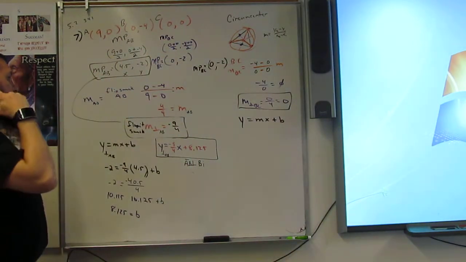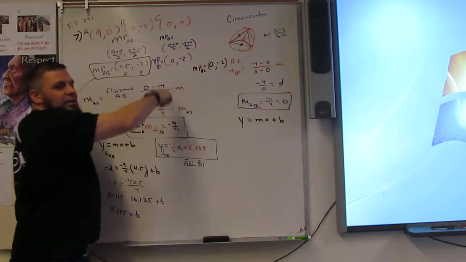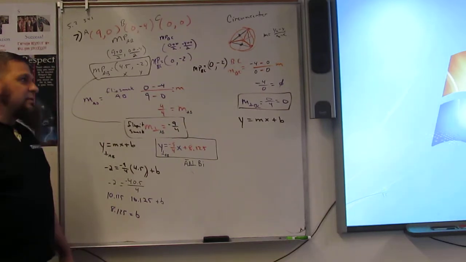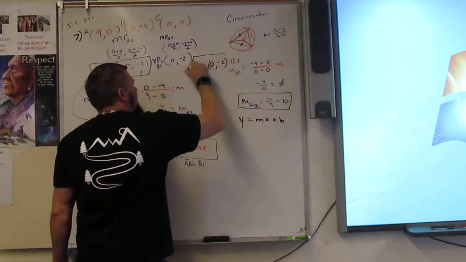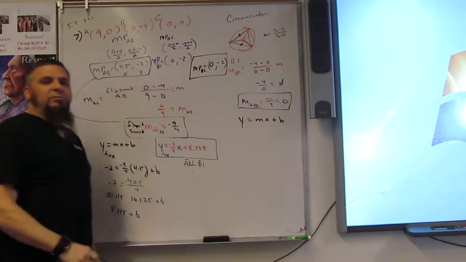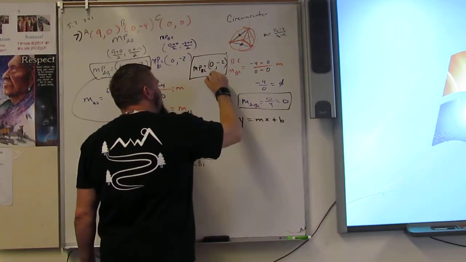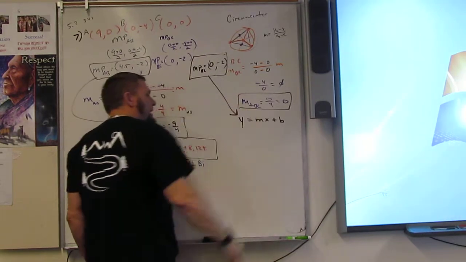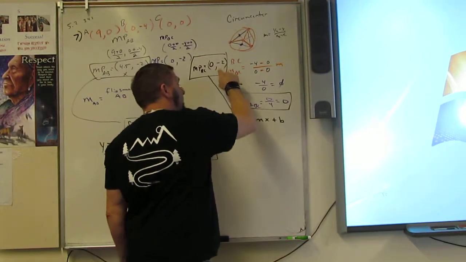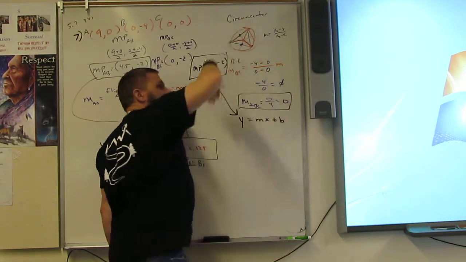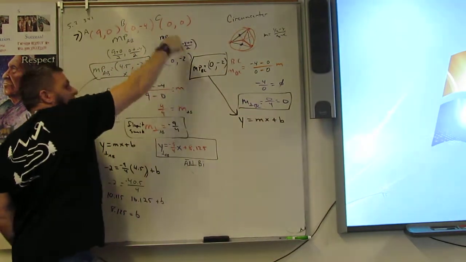I didn't do that already? Oh, it's right here. I did it earlier. Sorry. Didn't show you guys. And so I know that the midpoint is 0, negative 2, and I'm going to use that to find my line that goes through this point that is perpendicular to the line BC.